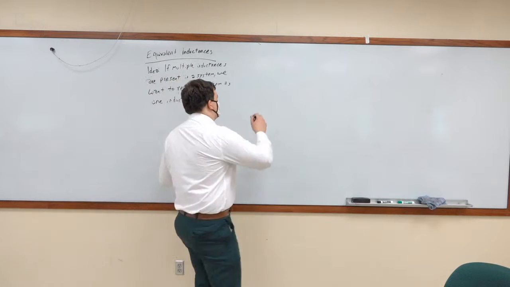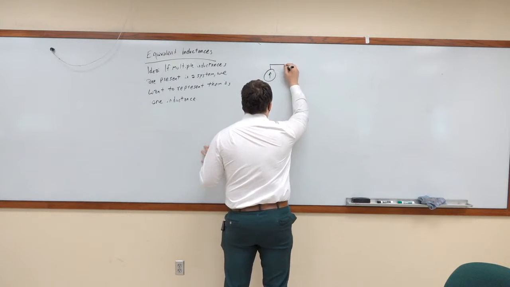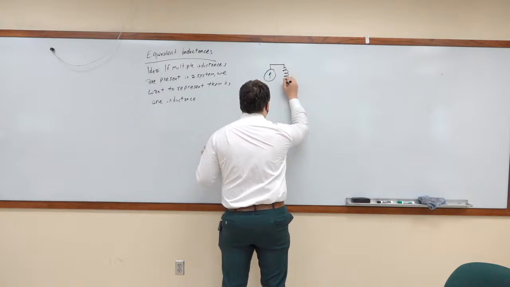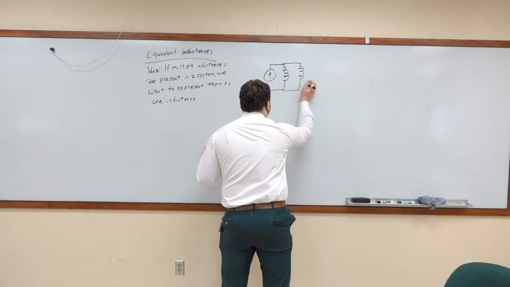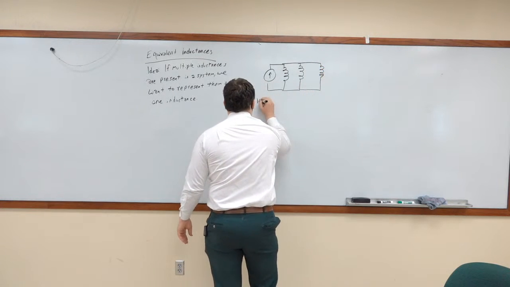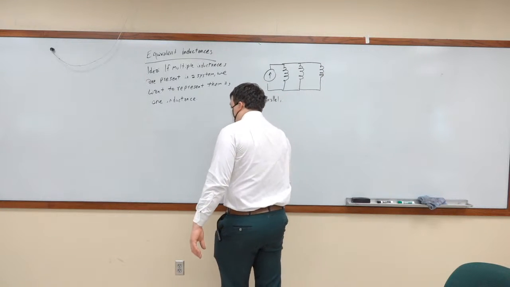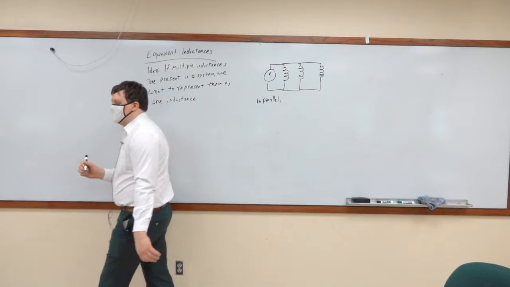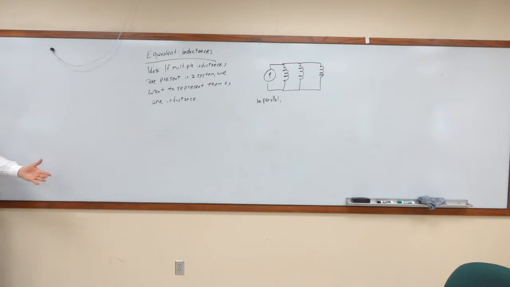Okay? So if we had a system of inductors in parallel, what's going to happen to the current going into those inductors? Are they all going to have the same current? Are they going to have different current?